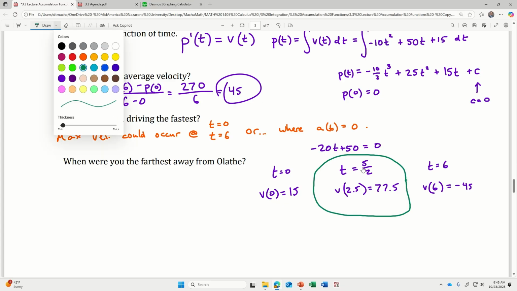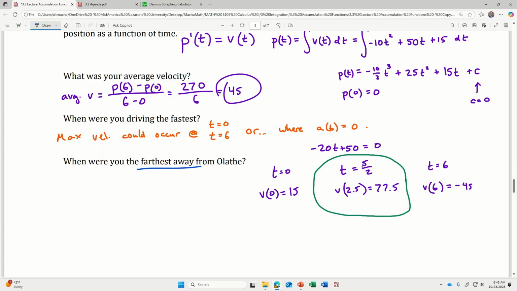When were we farthest away? So this is now looking for a maximum of the position function. And the maximum of the position could happen at the start time if I were starting far away from Olathe and driving closer to Olathe the whole time.